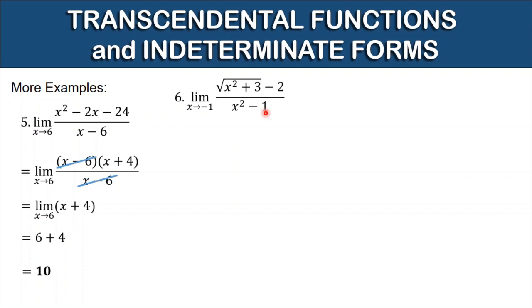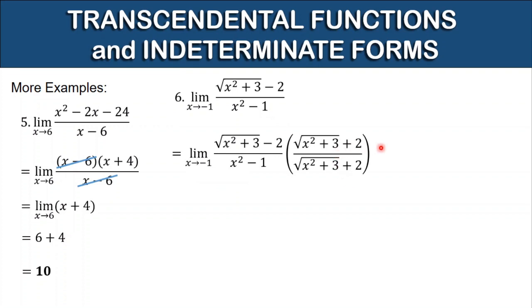And we cannot do the factoring here. Another way in finding the limit of this problem is by multiplying the numerator and the denominator by the conjugate. And the conjugate is the square root of the quantity x squared plus 3 plus 2. Here.